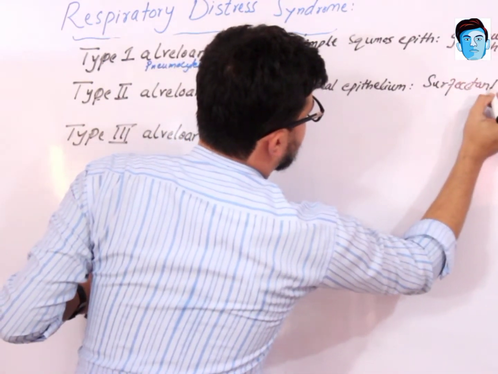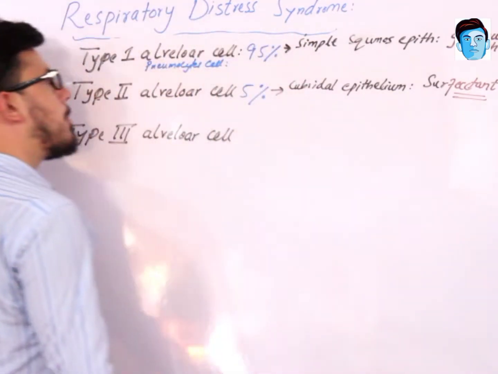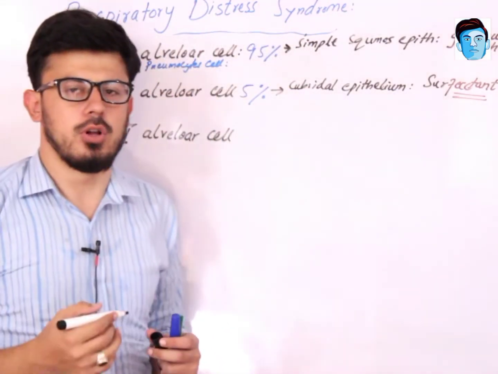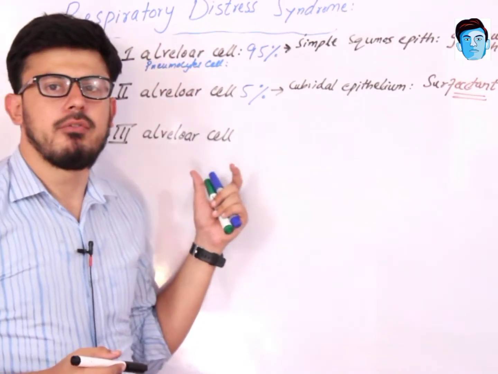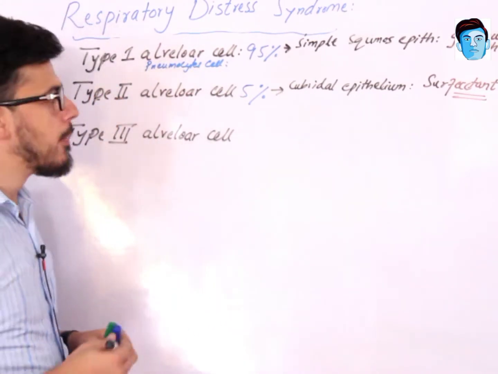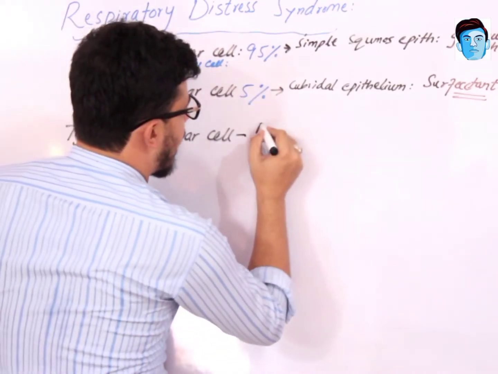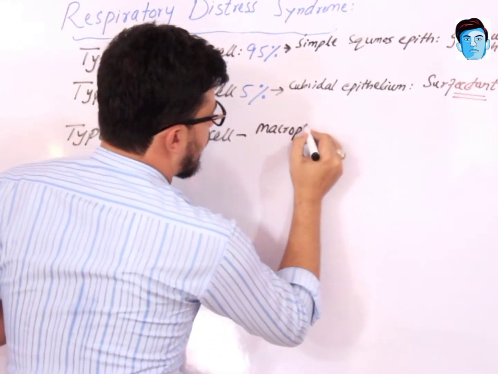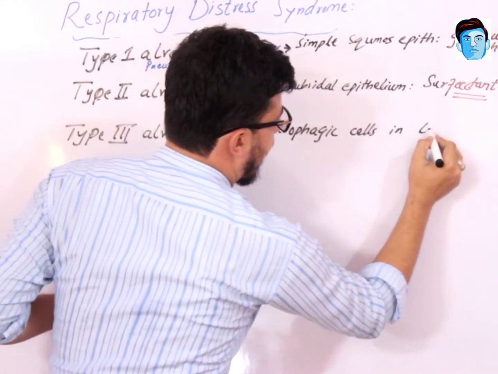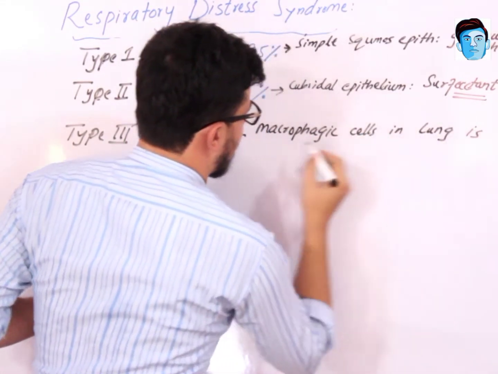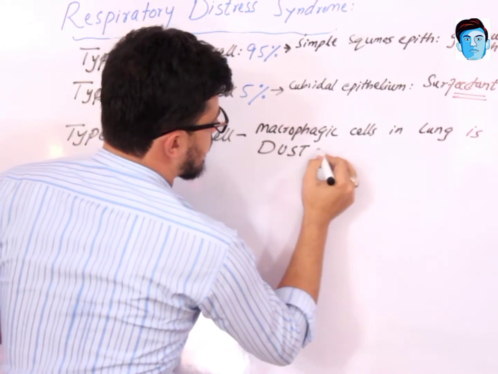So surfactant is secreted by which type of cells? That is type 2 alveolar cells. Now type 3 alveolar cells are the macrophagic cells in the lung, which are dust cells.